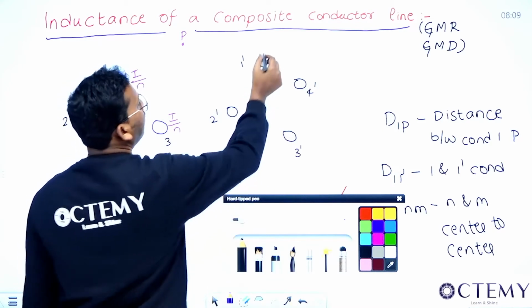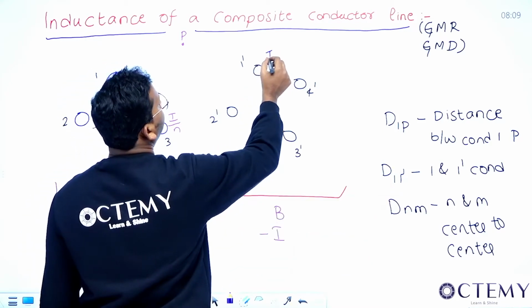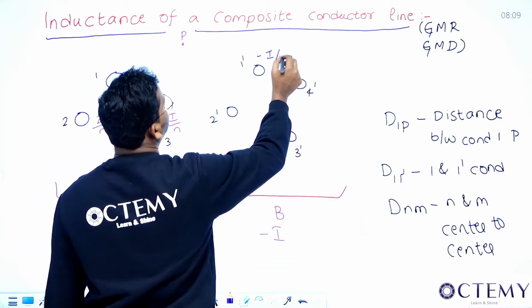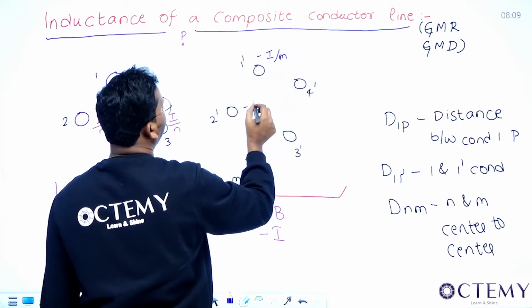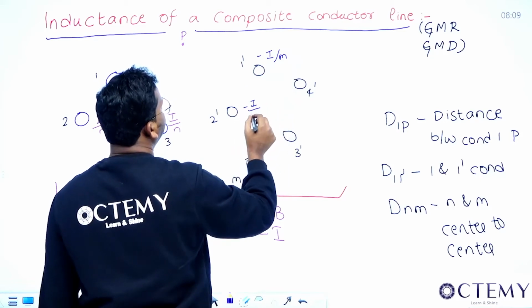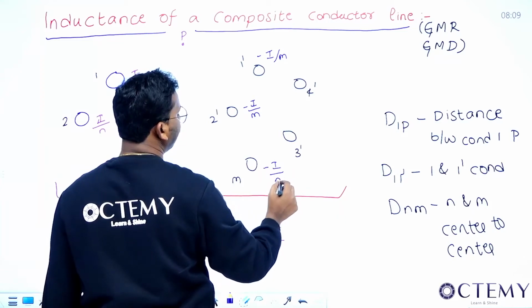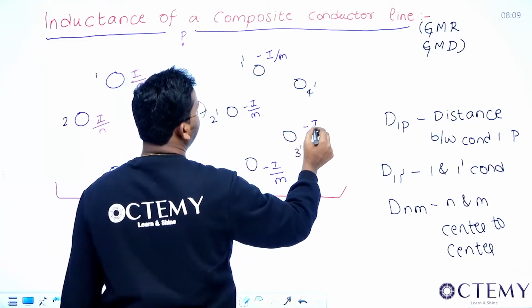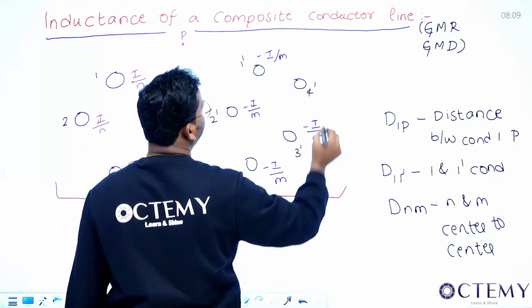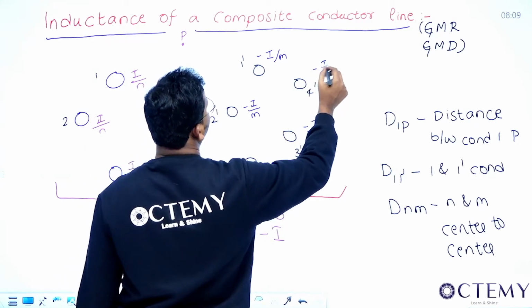Similarly, here the current in each conductor will be minus I by M, because this is the return path current.